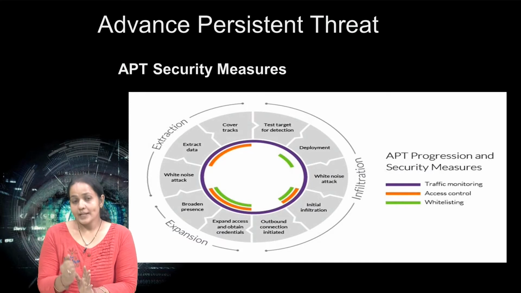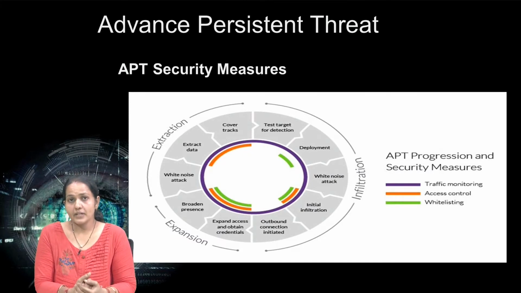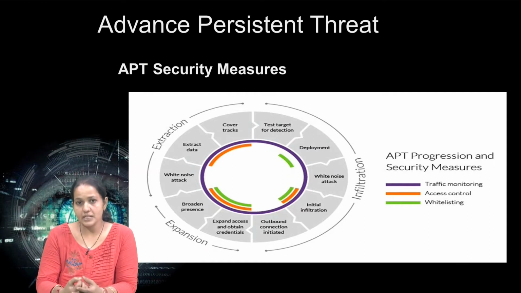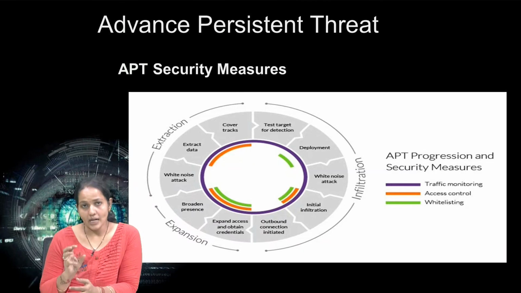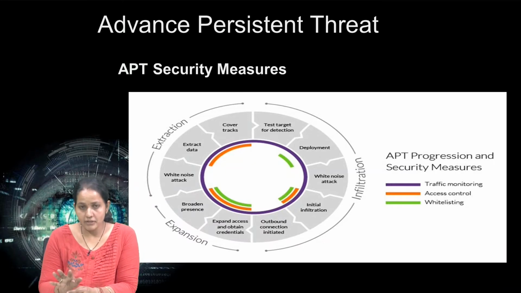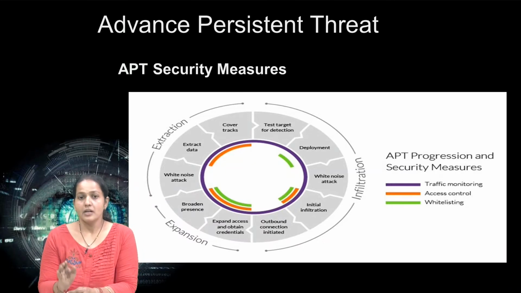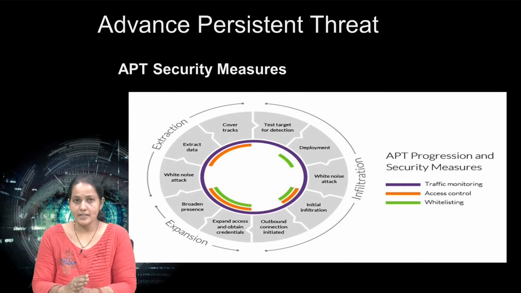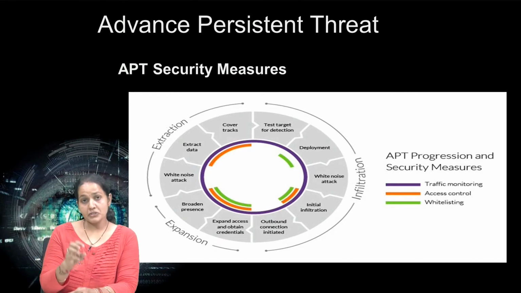Now let us discuss the APT security measures. Whenever an organization wants to build security measures, first they have to understand the actual attack cycle. There are three different phases of APT: infiltration, the first stage of an APT attack, second is expansion, and third is extraction.